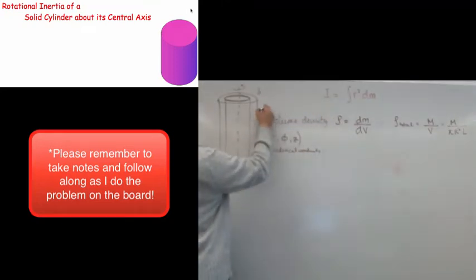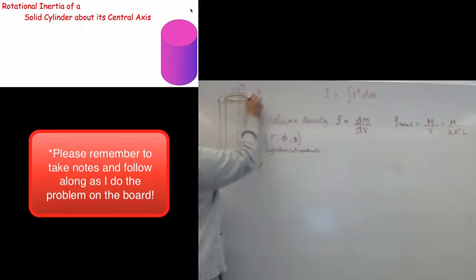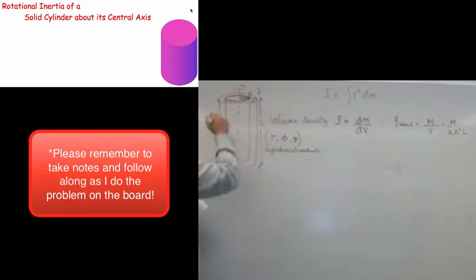So if I consider my cylinder to have a length L and a total radius R, then this little element that I'm talking about will have dr. This will be dr, this little thing. And then it will have a little radius r that goes from the center to the little volume element that I have chosen. And it's going to have a mass dm, the small volume element mass dm.